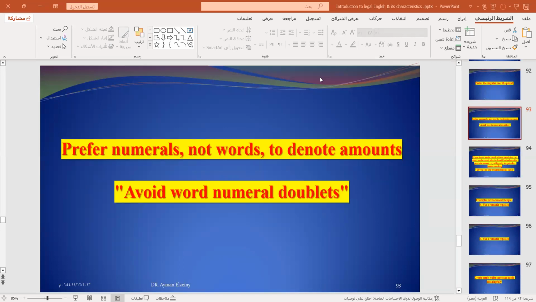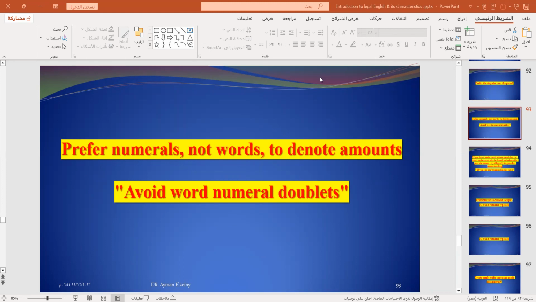Compare just how many characters you save by writing, for example, 73, 91, 82, as opposed to writing them in words. For the reader, even milliseconds add up.